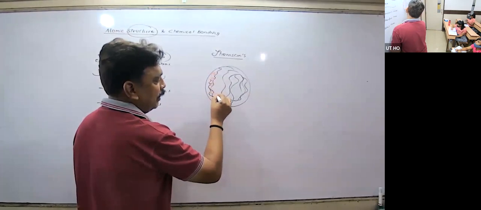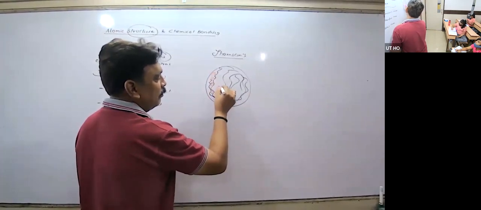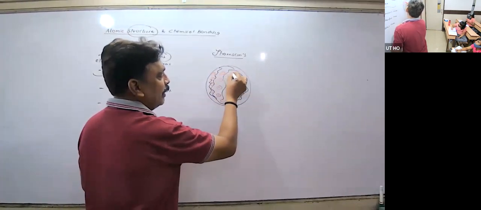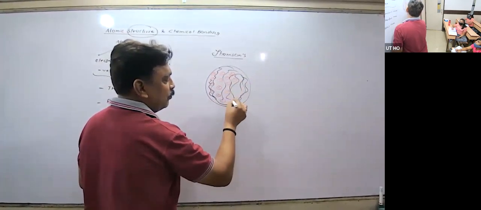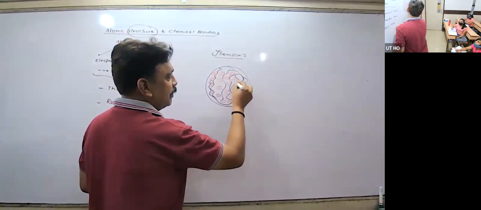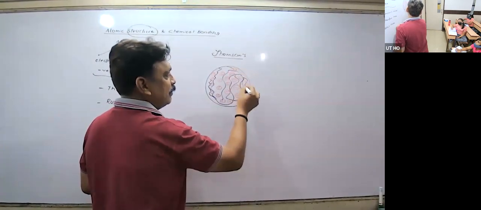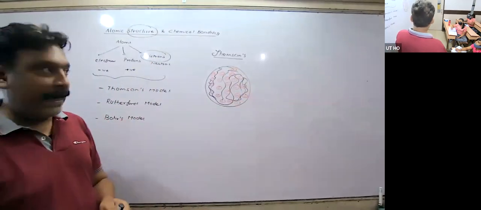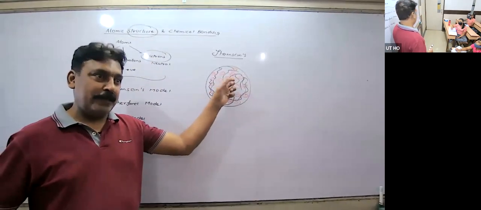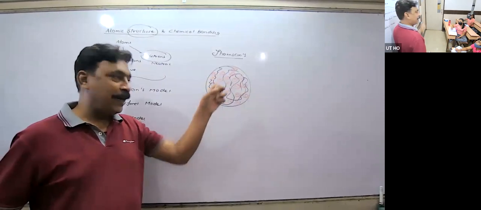Just like a watermelon model. In a watermelon, the seeds are the negatively charged particles, and the fruity part that you eat is positive. So it's a watermelon model basically. That means a hard solid sphere, unlike what John Dalton said, hollow, but he said it's hard.